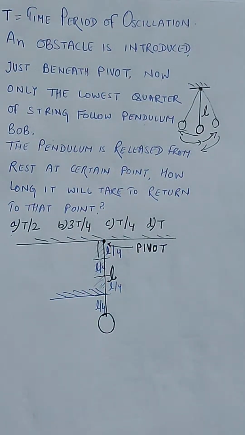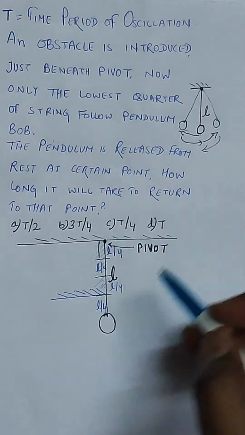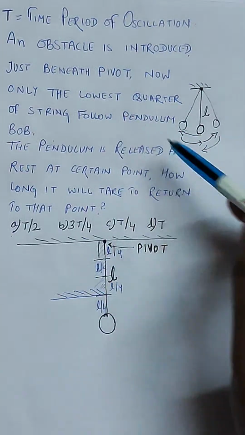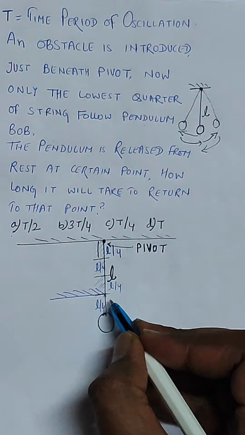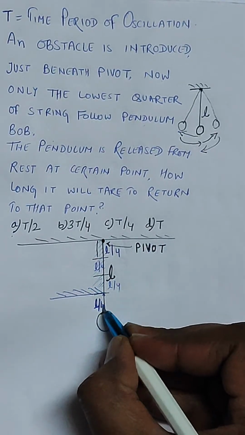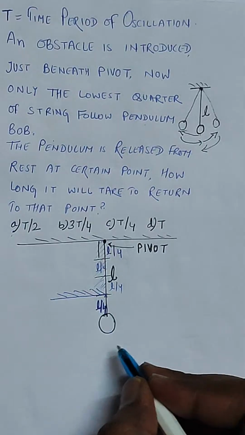With this we can say that only the lowest one quarter of the string follows the pendulum bob. This is the lowest one quarter, L by 4, and only this L by 4 is allowed to swing.